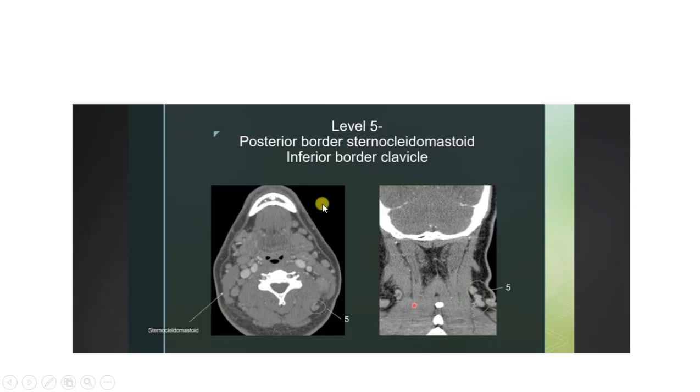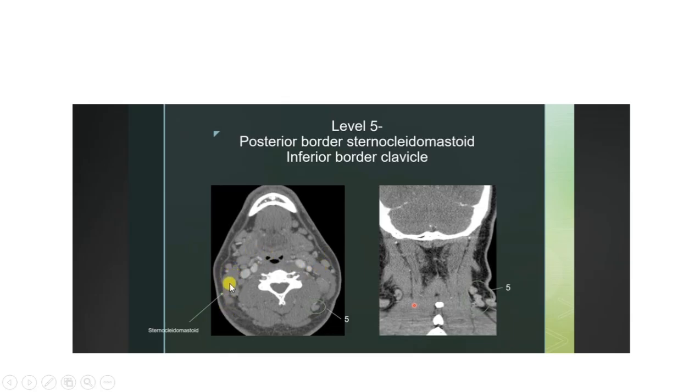And for level 5 lymph nodes, we have to identify the posterior border of the sternocleidomastoid muscle and the trapezius muscle, and inferiorly in the coronal view, the inferior border of the clavicle, and these are the level 5 lymph nodes. And this is the sternocleidomastoid muscle.